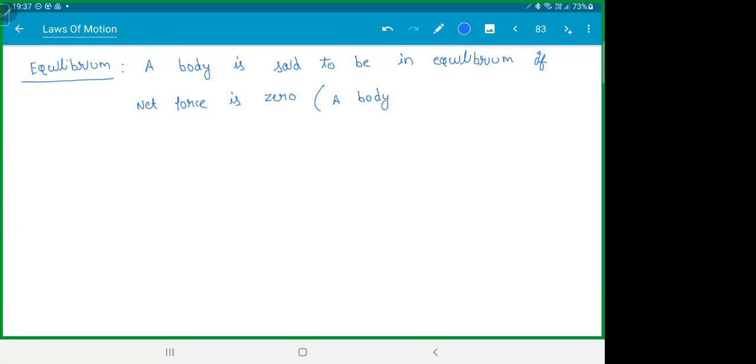If a body is in equilibrium, it does not mean it is at rest. It can go with a constant speed. Constant velocity. Remember, uniform motion or at rest. Theoretical question: a body is in equilibrium implies the body is not moving. Wrong.